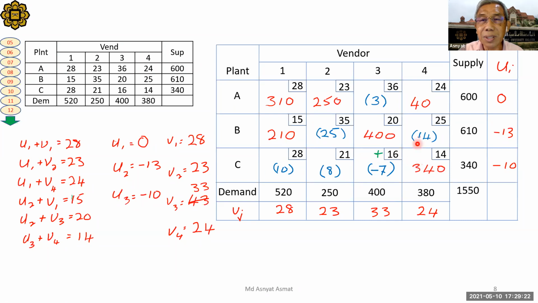Okay, let's do this direction. From here to 400. Is it possible? Non-basic to basic. And then move here. This is non-basic.